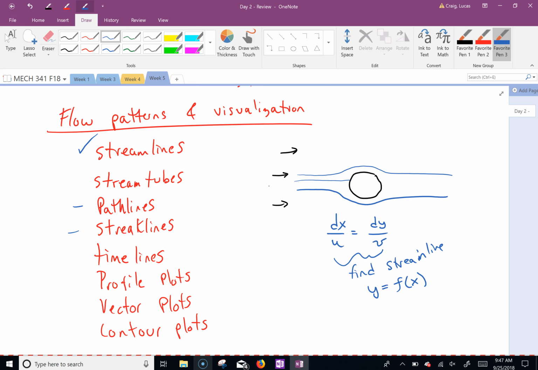Number 2, I injected it 0.1 seconds after I injected the first one, and it ended up being there. And then 3 and 4, all the way, every 0.1 seconds I inject it, then I draw a line and connect it. That's what a streak line is. So you have streamlines, path lines, and streak lines.